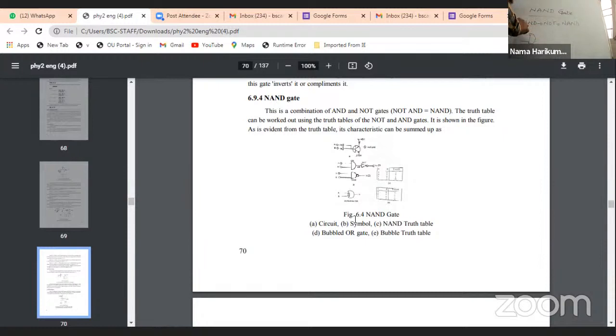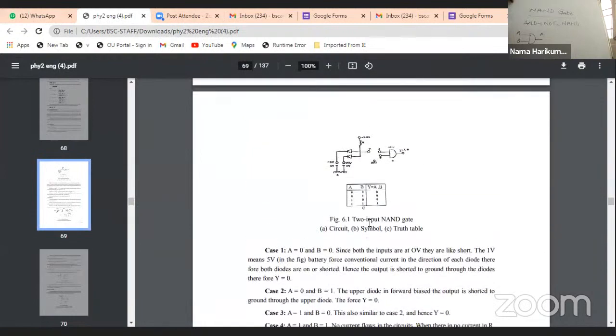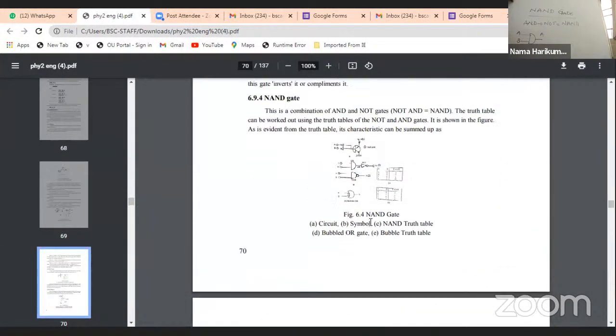These are the input terminals A and B. The output is A dot B, the output terminal. After that, after the AND gate, we have the NOT gate. A NOT gate has only one input, and this is the symbol for the NOT gate. The one output is the complement.